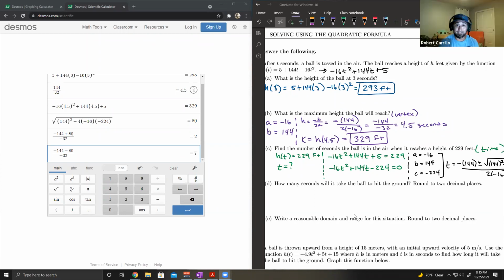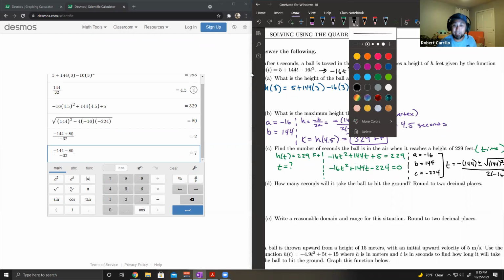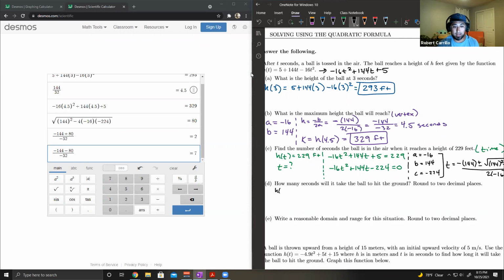So again, just like the one above, they're giving us height. So we have to find time again. So they're saying the height is 0 feet. And again, we have to look for time.